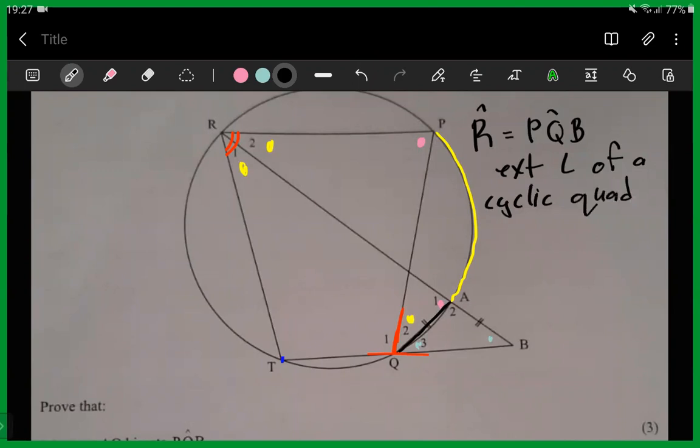So from here, this is one. The second thing you're going to state here is Q2 is equal to R2. The reason for that is angles in the same segment.